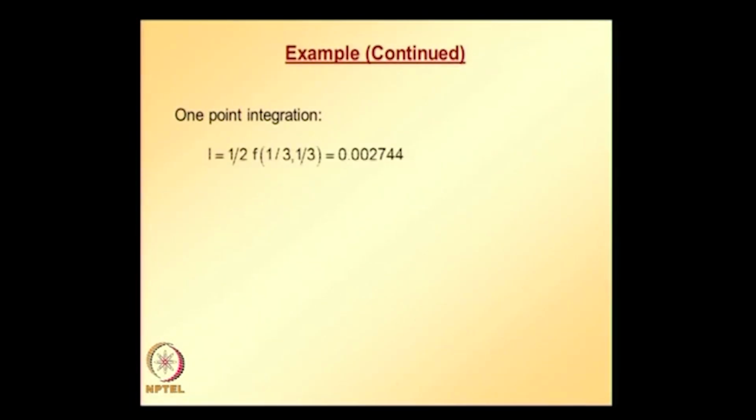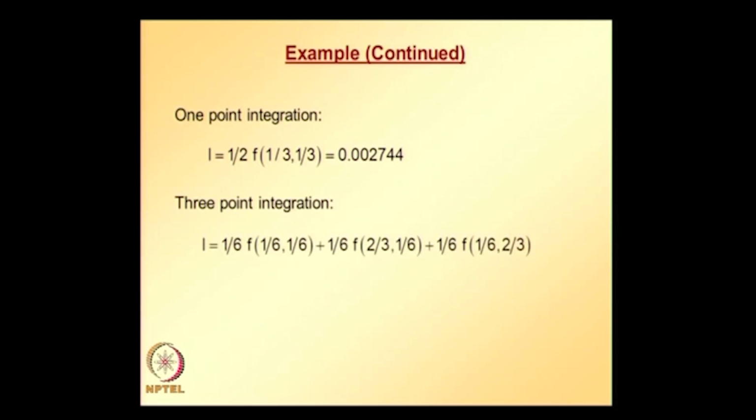For one point integration, the location of the integration point is 1/3 and the weight is half. One point integration results in 0.002744. 3 point integration results in this equation, which simplifies to 0.002744.